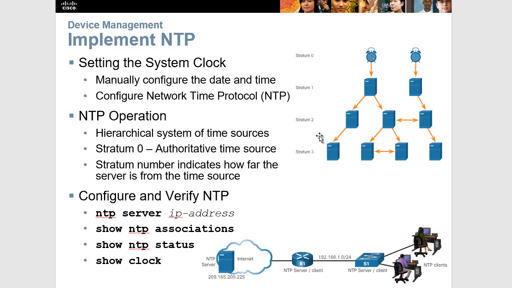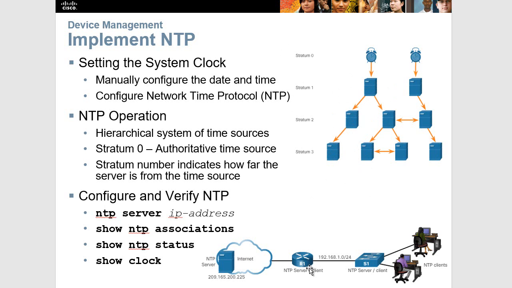So you've got an authoritative time source that is producing the time that gets sent down through the NTP server. Okay, and you have different stratums here. Your stratum 0, you can see, is your authoritative time source. As you move down, you've got stratum 1, which would be your NTP server typically, that shares with other devices as you go down the list.